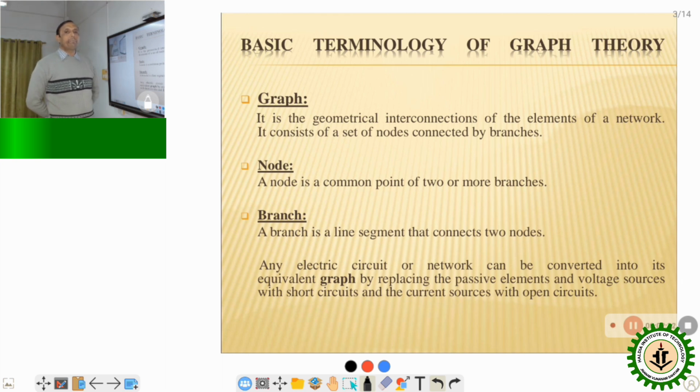That means if any current source is present in that particular circuit, then we have to open that portion, and if any passive elements, say capacitor or resistor, are present, they will be short circuited. If any voltage source is present, that will also be short circuited, and by doing this short circuit and open circuit, ultimately we can convert a circuit into a graph.